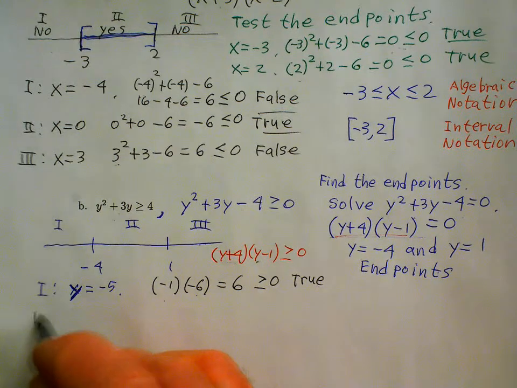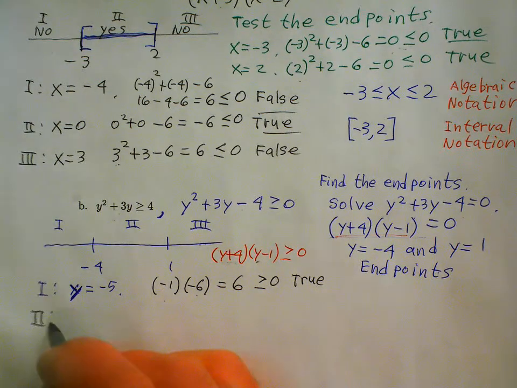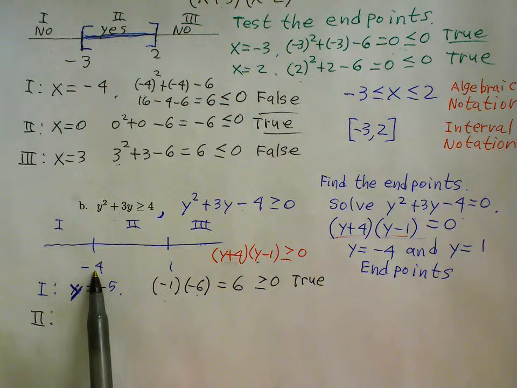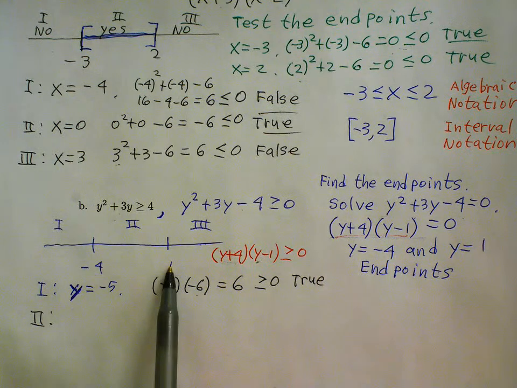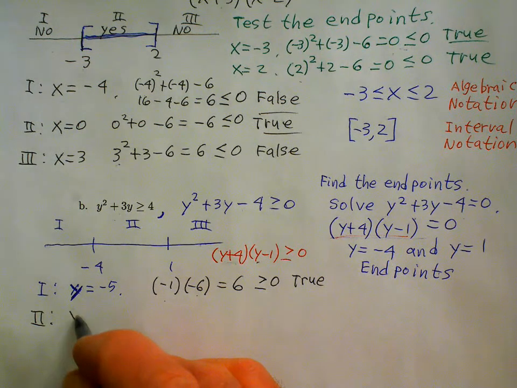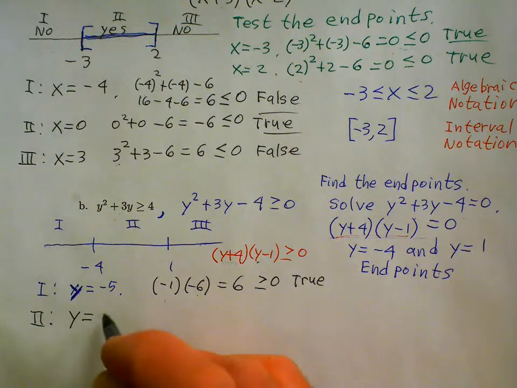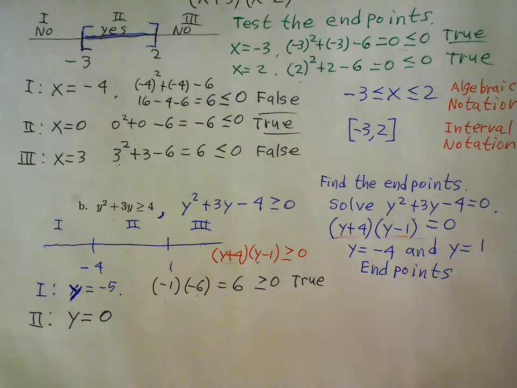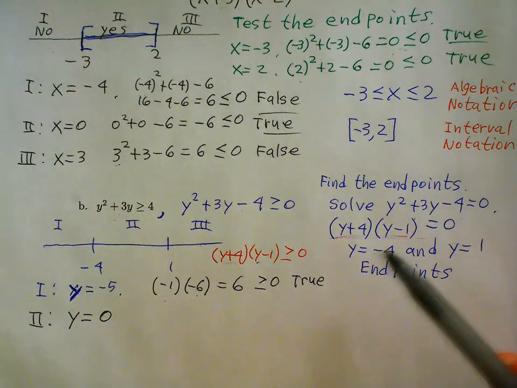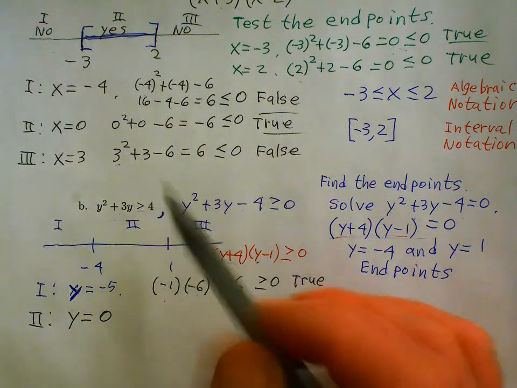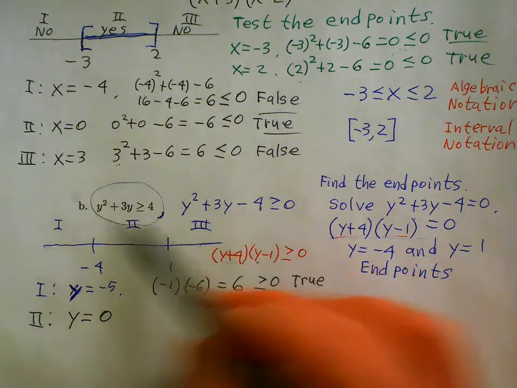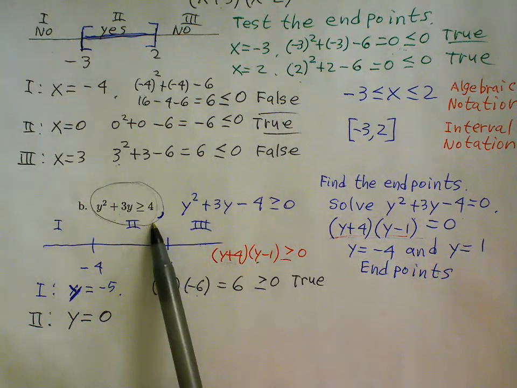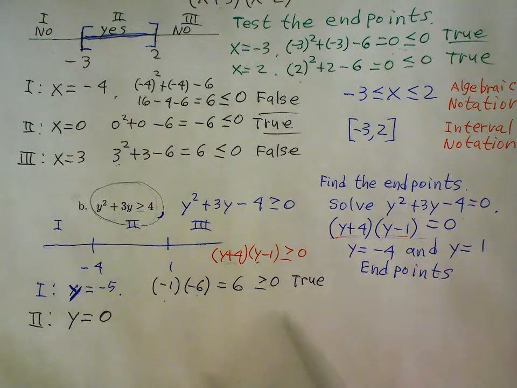Then pick a test point in the second interval, pick any number between negative 4 and 1. So I'll pick y to be 0. I have 3 options. I'll use the original inequality right here. Replace every y with 0.